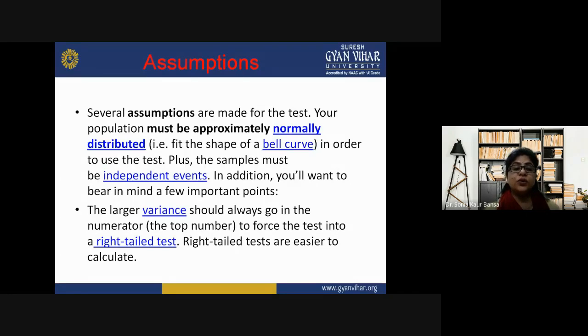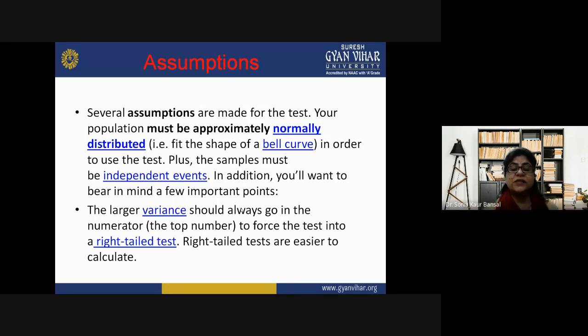In addition, you will want to bear in mind a few important points along with that. So, first of all, it assumes that your population is normally distributed. Whatever population you have taken, all the units are equally distributed. There is no difference in that. The bell curve is the best curve, which is considered the normal probability curve, so it is actually expected from your population to have that. Okay, so the larger variance should always go to the numerator, the top number, to force the test into a right tail test.